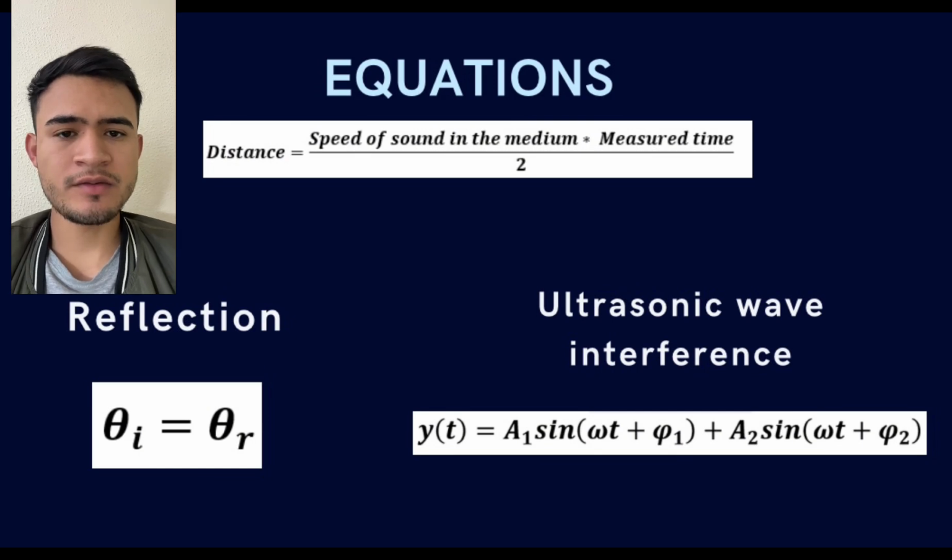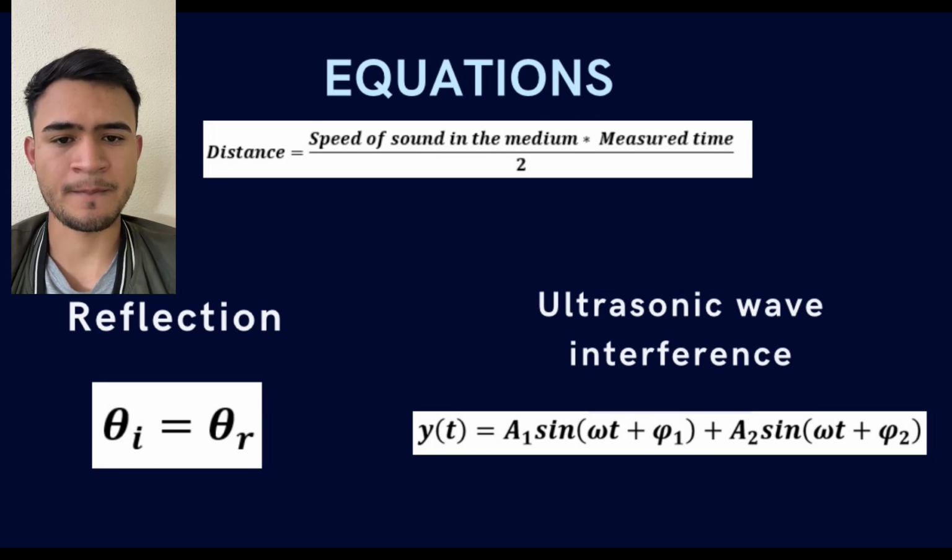The first formula allows us to calculate the distance at which the detected object is located, knowing the speed of sound in the medium, in this case air, at a temperature of approximately 20 degrees. However, the operation of the ultrasonic sensor can also be present in liquid and solid media.